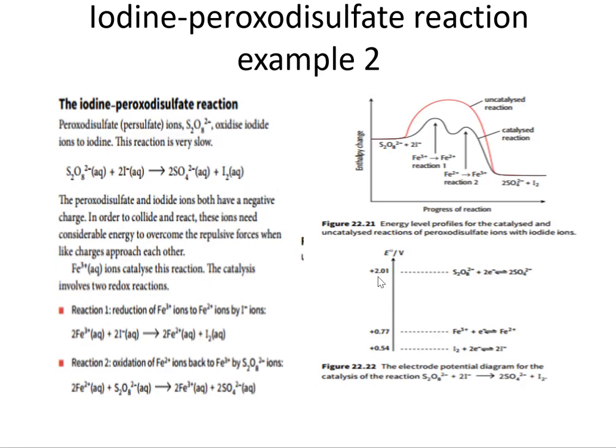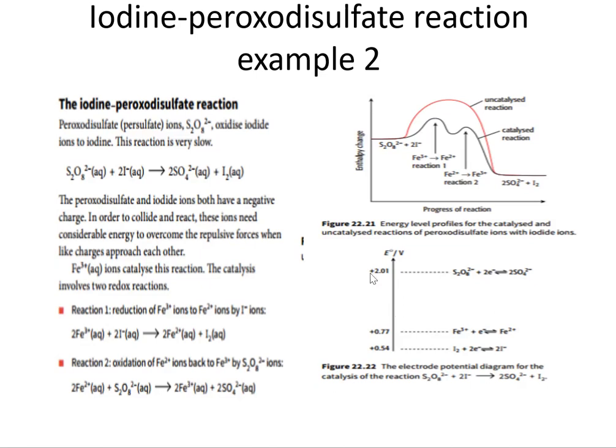Now, for example, the E naught value for the peroxodisulfate converting into sulfate is positive 2.01, whereas for the iodine converting into iodide is positive 0.54. So the iron 3 converting into iron 2 ki jo E naught value is 0.77, and that lies between this range.